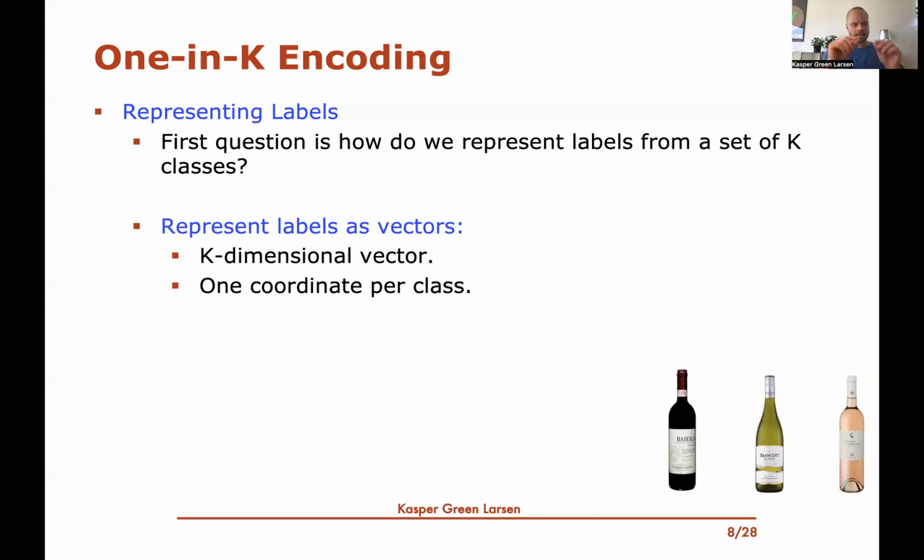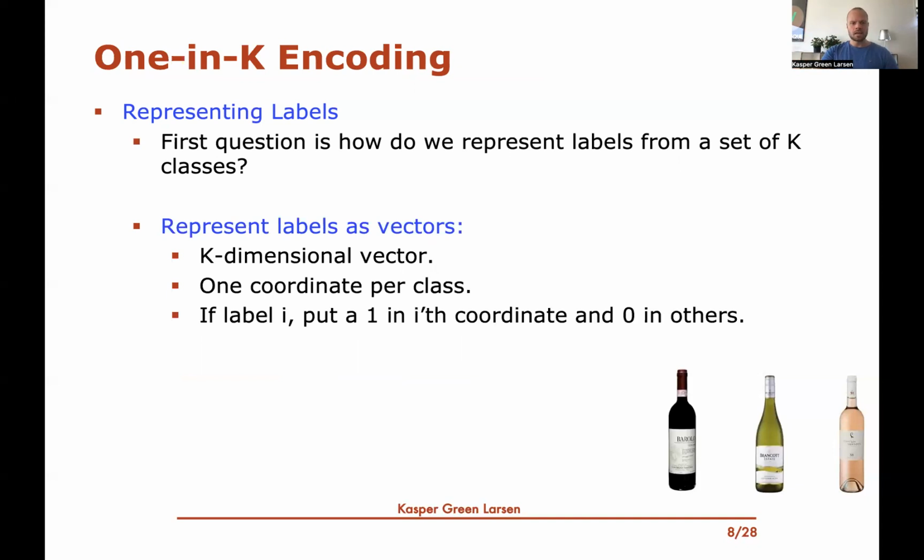This k-dimensional vector is going to have one coordinate for each of the k classes. And we have a really simple representation of each of the labels, right? So if the label is the ith of the k different labels, then the vector representation of this label is just a 1 in the ith coordinate and 0 everywhere else. So we kind of just use the standard unit vectors to represent our labels.